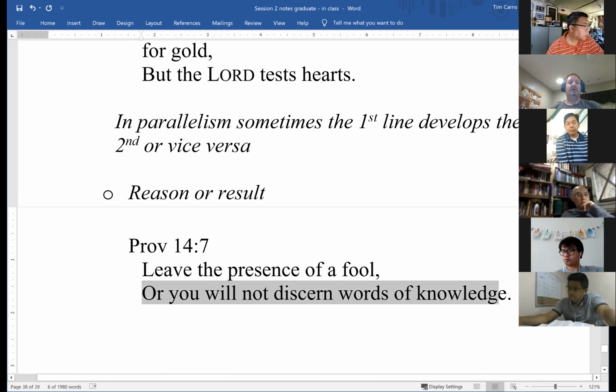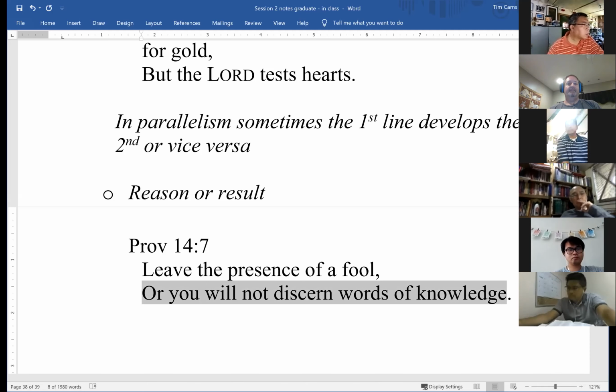That's a result. If you don't leave the presence of the fool, this is what will happen. See that? He's not illustrating. He's not expanding. He's actually saying, this is going to be the result. Or this is the reason you should leave the presence of a fool. All right?